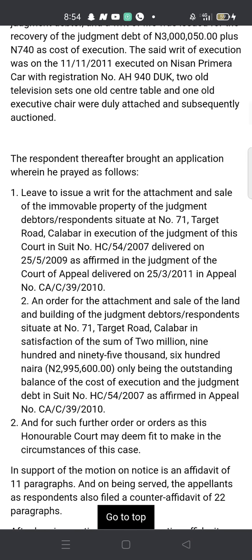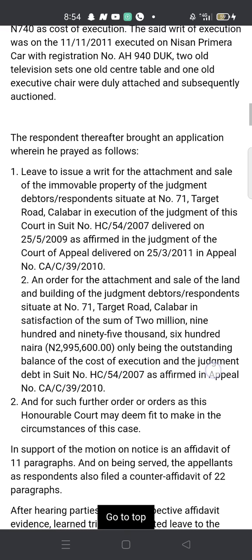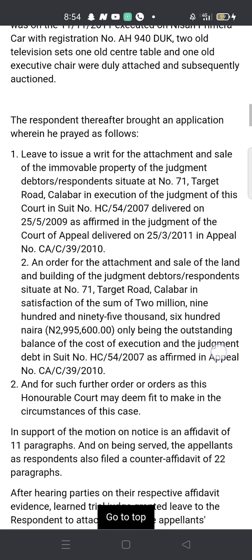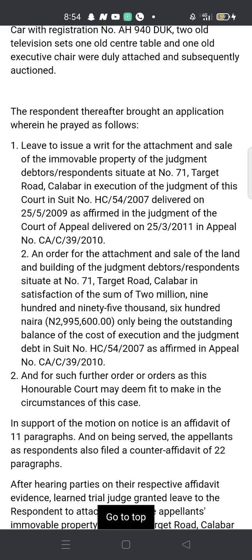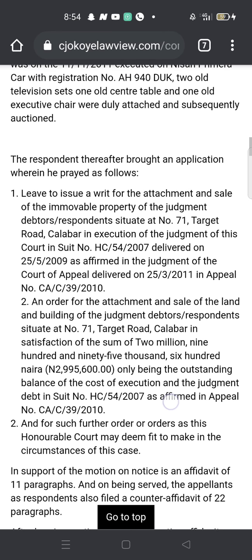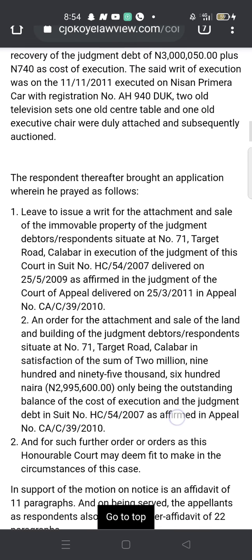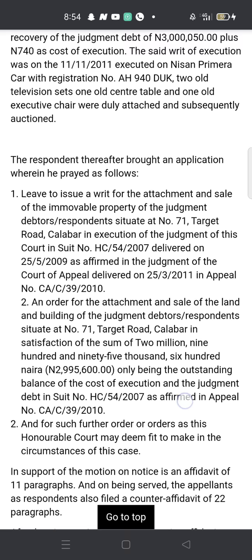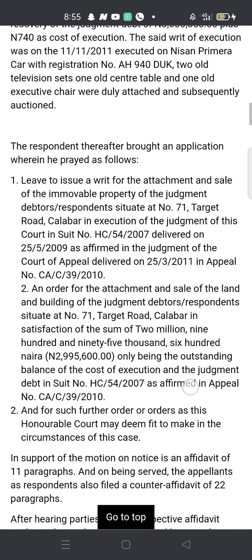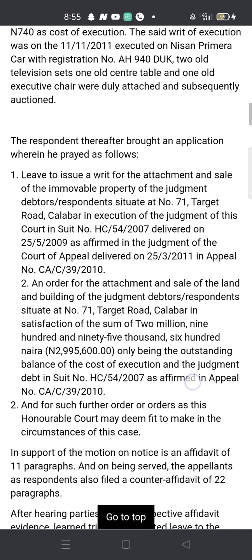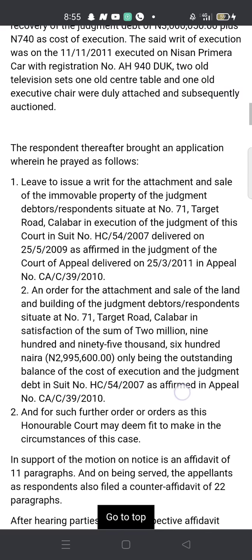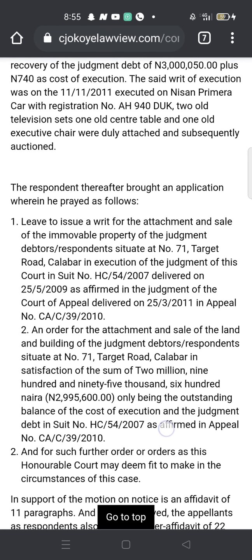And in the second order, you have to ask for an order for the attachment and for further orders as the court may deem fit to make in the circumstances. So if you are reading this, you can also learn how to couch your orders in an application like this.